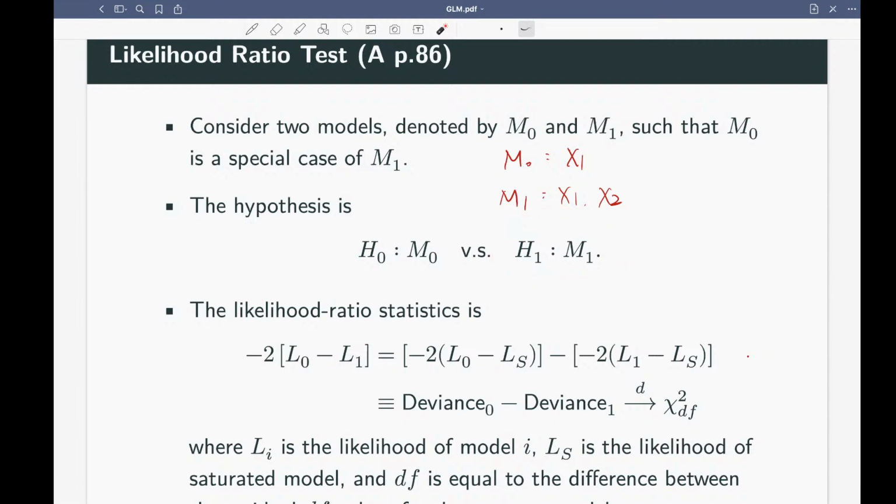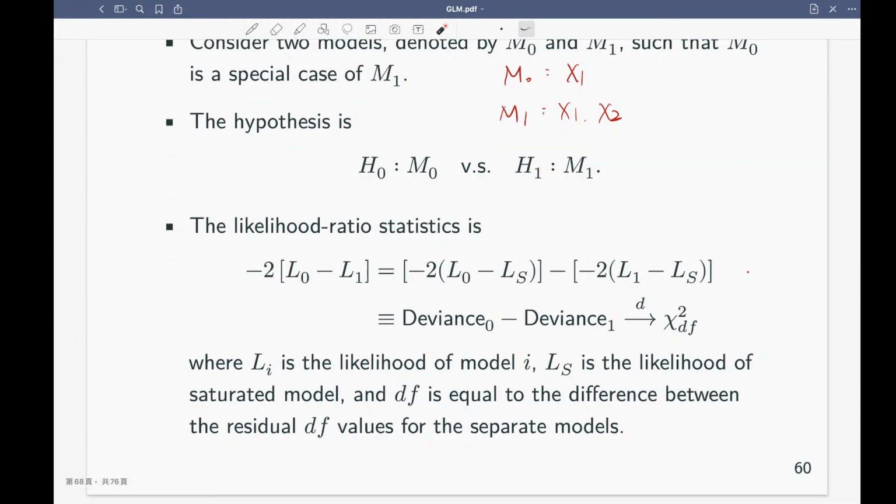How about the test statistic? Here we should calculate the likelihood ratio statistic. The likelihood ratio statistic is like a difference of the deviance. This term is equal to -2 times the log likelihood of model 0 minus the log likelihood of model 1.